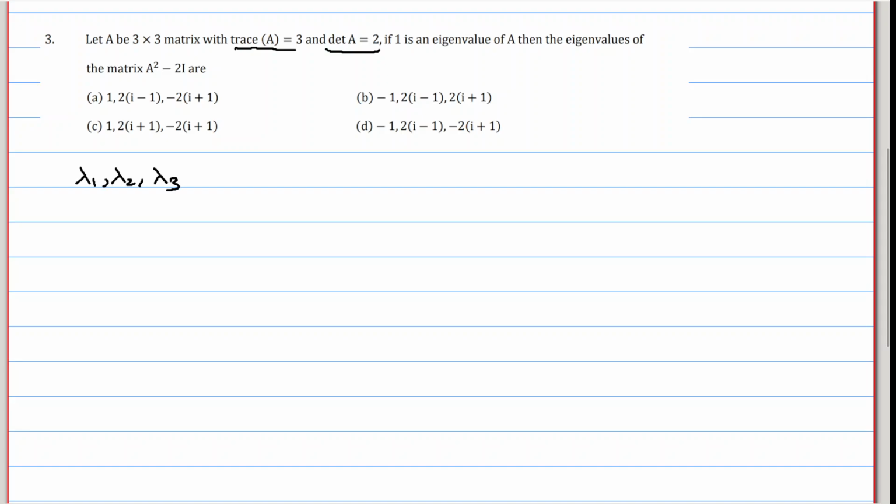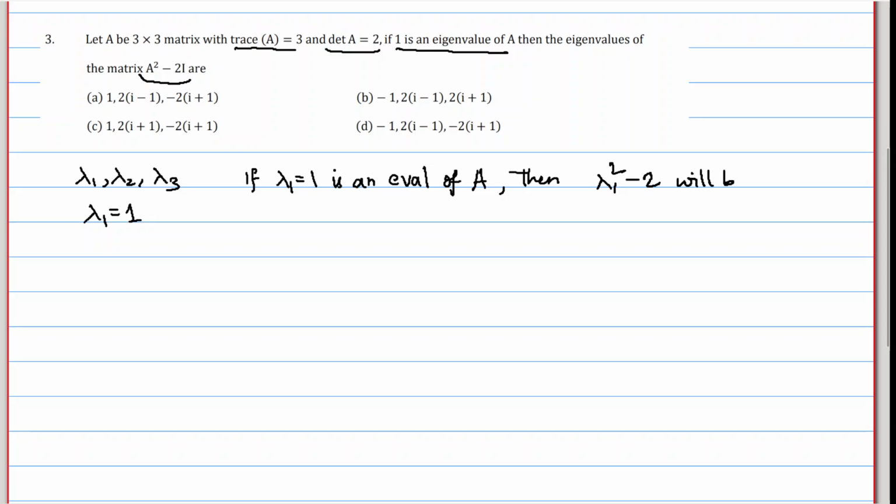If 1 is an eigenvalue of A, say lambda 1 equal to 1, then lambda 1 square minus 2 will be an eigenvalue of A square minus 2I.